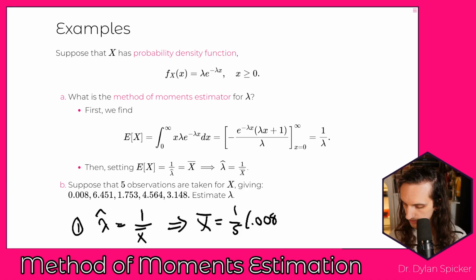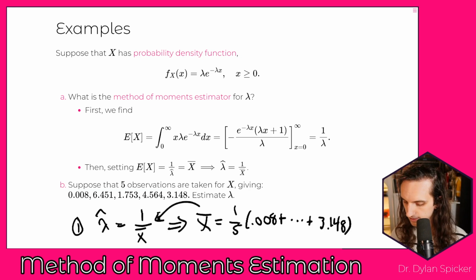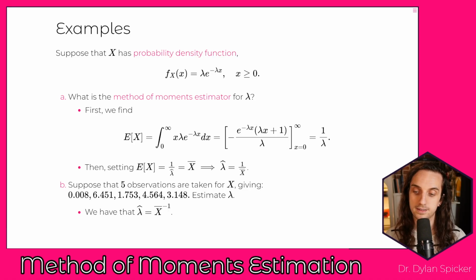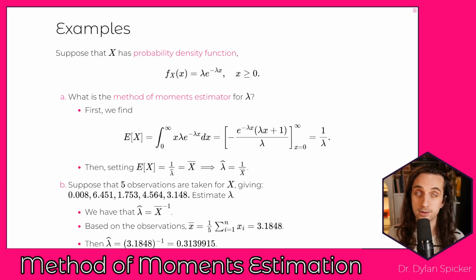So that's that 0.008 plus so forth through all of the values here, 3.148. Then we can plug this x bar into that, and that's going to give us an estimate for the value of lambda, right? And so here we calculate that lambda hat has to be the inverse of x bar, and so the observations here give us x bar of 3.1848, and so as a result, lambda hat is going to be 0.3139915.